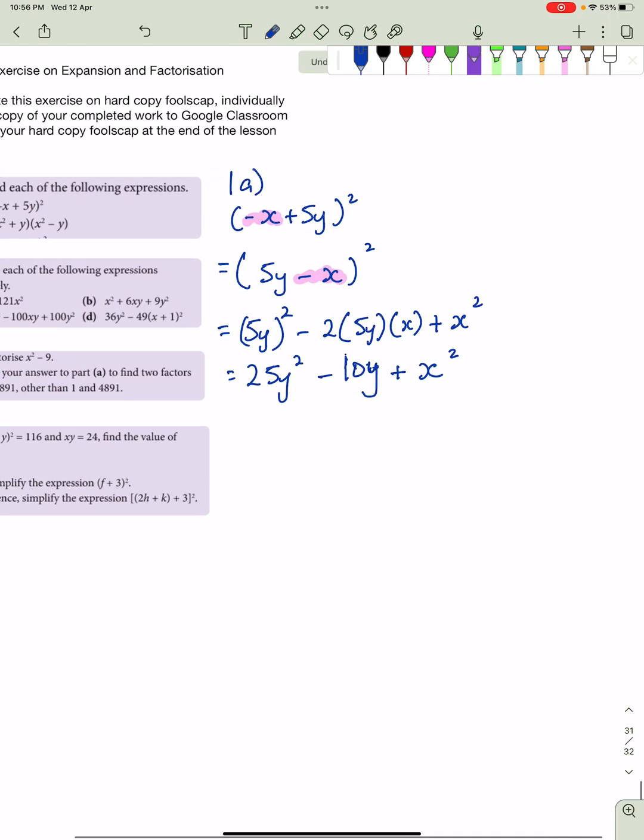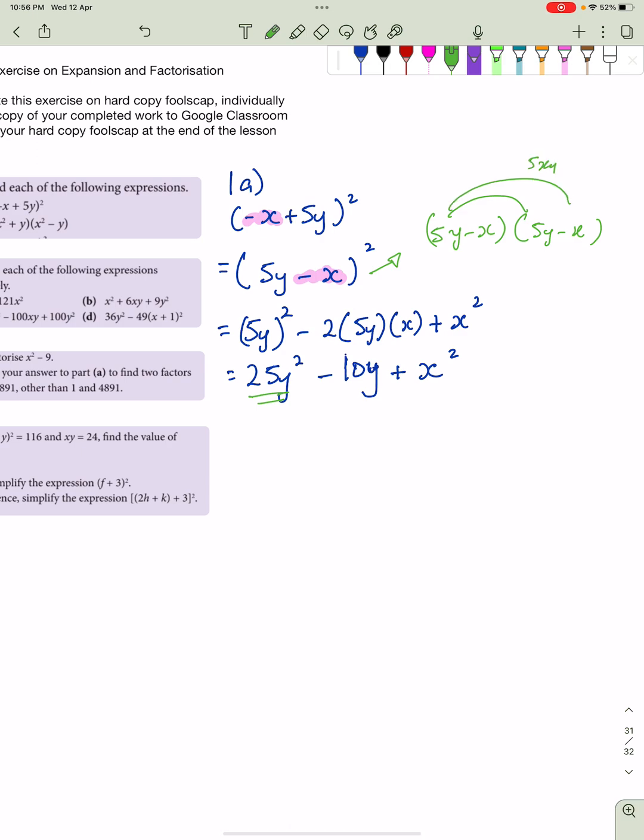Alright, even if you were to branch out, for example, you want to look at an alternative solution, it could be 5y minus x times 5y minus x. So then you expand, like 5y times 5y, you still get your 25y squared. And this is negative 5xy, and this is negative 5xy.